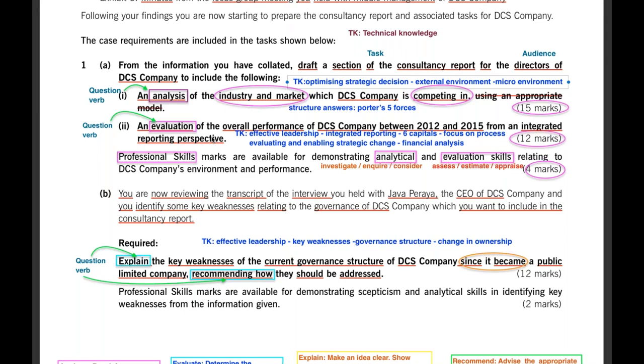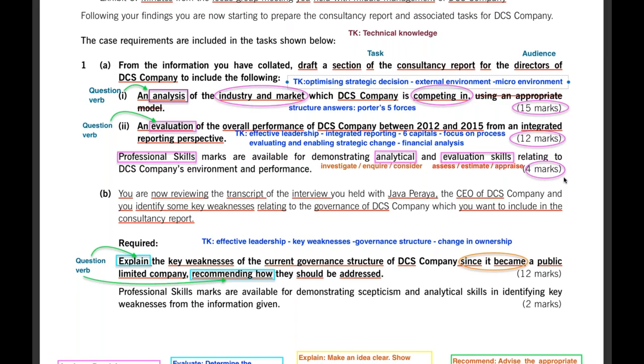When you start doing your analysis, you are estimating something, and at the end, you are trying to judge the worth on the overall performance, whether it's good or not good. So once you have all these elements in your answer, you are demonstrating the professional skills. Make sure that when you write your sentences, you must have an element of assessment, estimate, and appraise.